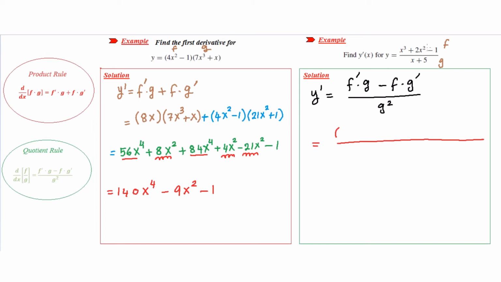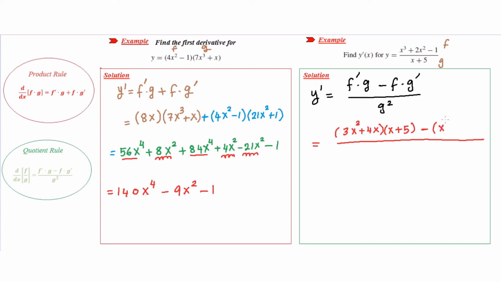We have f and g, so f prime is 3x squared plus 4x times g, which is x plus 5. This is f prime times g, then minus f times g prime.